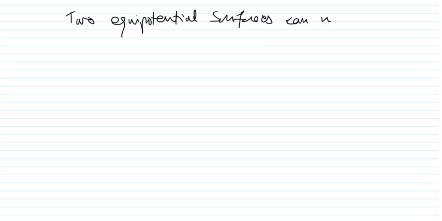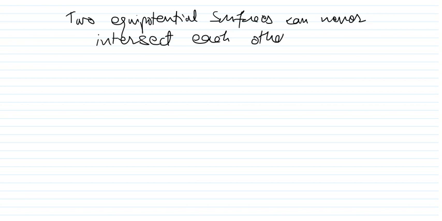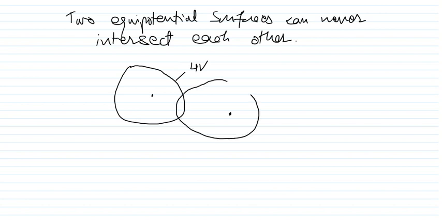Just like electric lines of force, two equipotential surfaces can never intersect each other. For example, I have this point on one equipotential surface, and suppose its potential is 4 volt, and this is another point with its own equipotential surface, and suppose its potential is 6 volt.